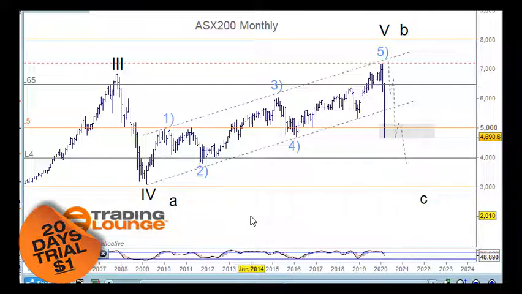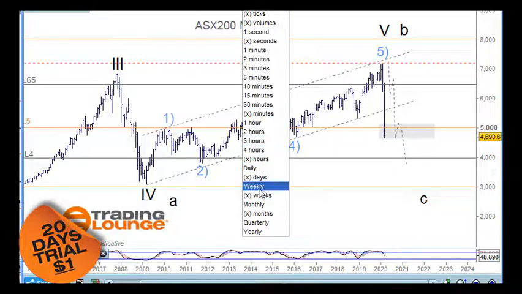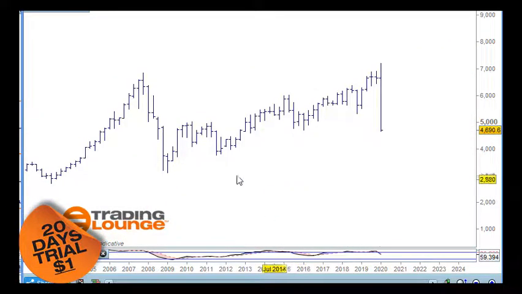But if the market in the US has finished in 3 waves to the upside, then we would have a grand supercycle top in play, and in that case we would be coming down much lower. And in that case I might just go to the quarterly chart here. I don't really think there's enough data on this particular platform, and it goes back to 2003.